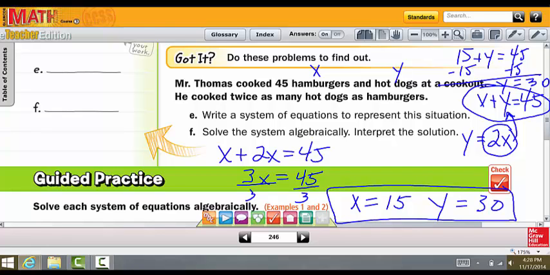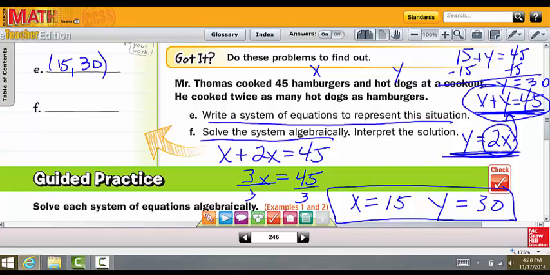So we solved it. We have a coordinate pair of 15, 30 as our coordinates. But now it says solve the system algebraically. We did that. We wrote the system of equations. We had the two equations, x plus y equals 45 and y equals 2x are our two equations.